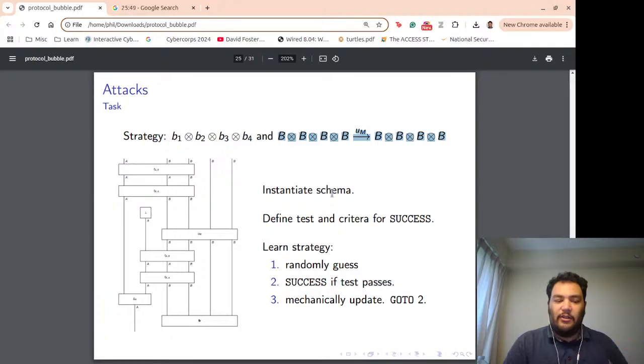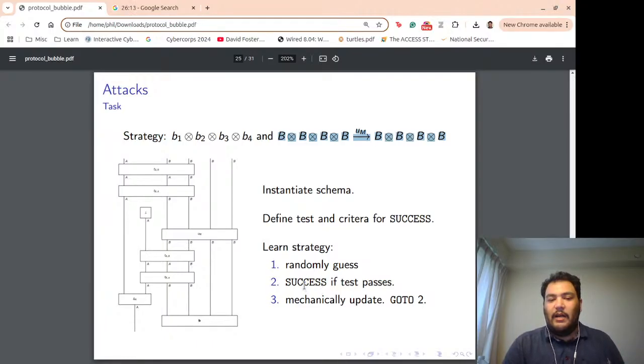Okay, so then what I need to do as a programmer is instantiate the schema in some way, define what the test is and what it means to be successful, guess some initial term and initial function, and then if the test is good, then I'm done.